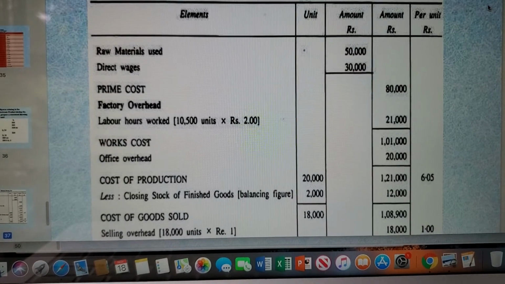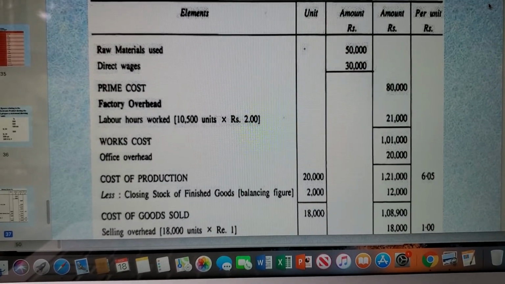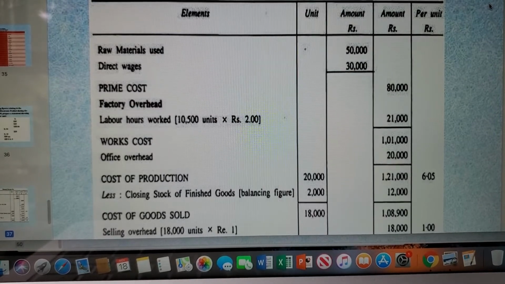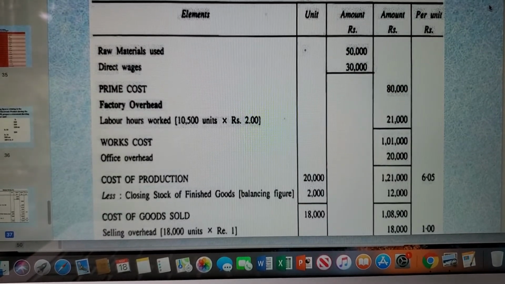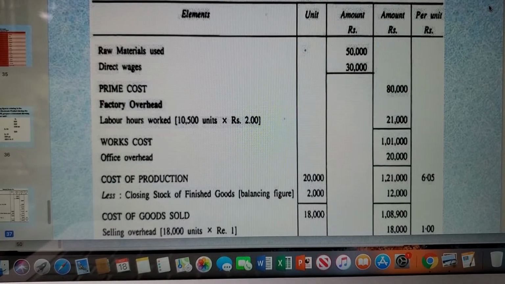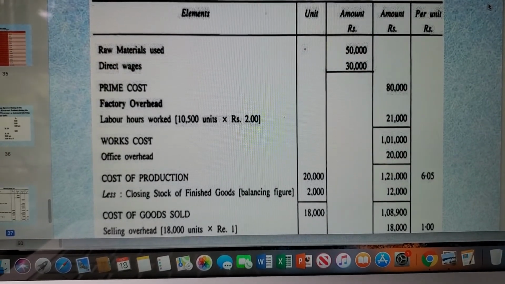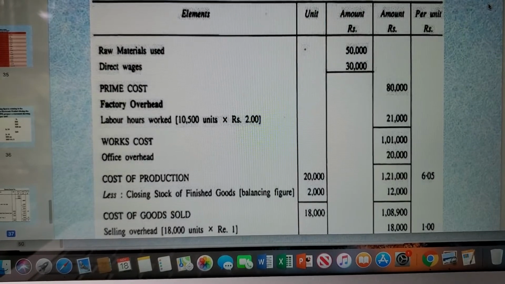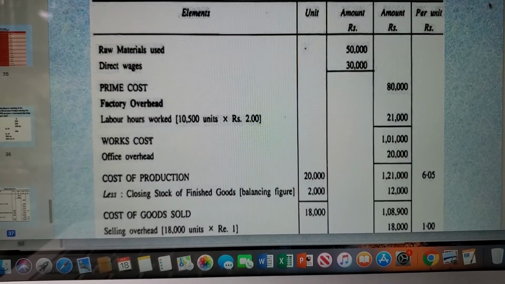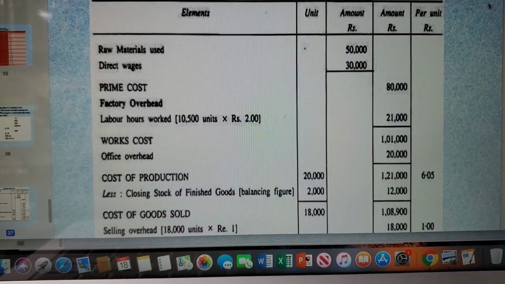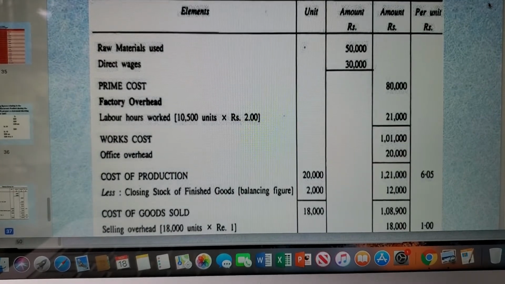So I will read the elements along with whatever is mentioned in the other columns. So first, under elements, raw materials used. In the third column you put rupees 50,000.